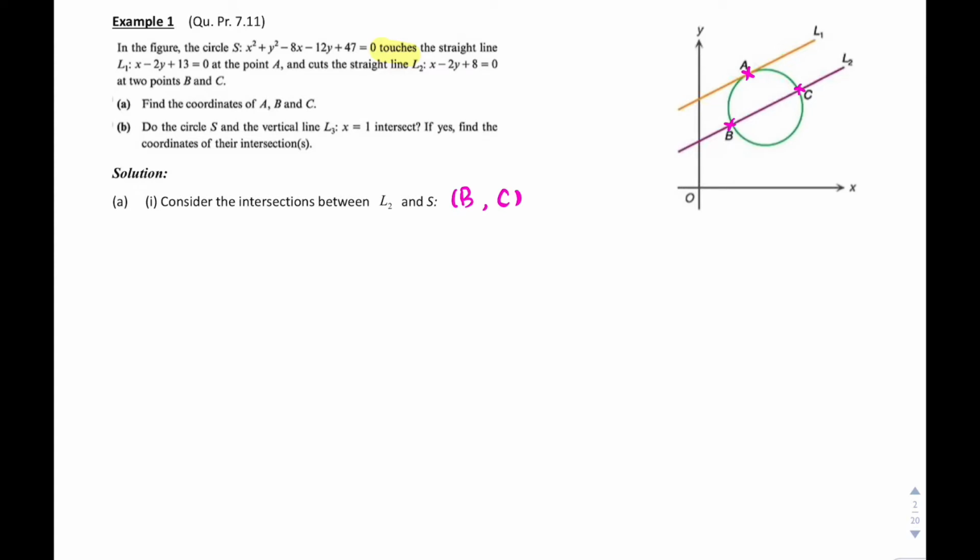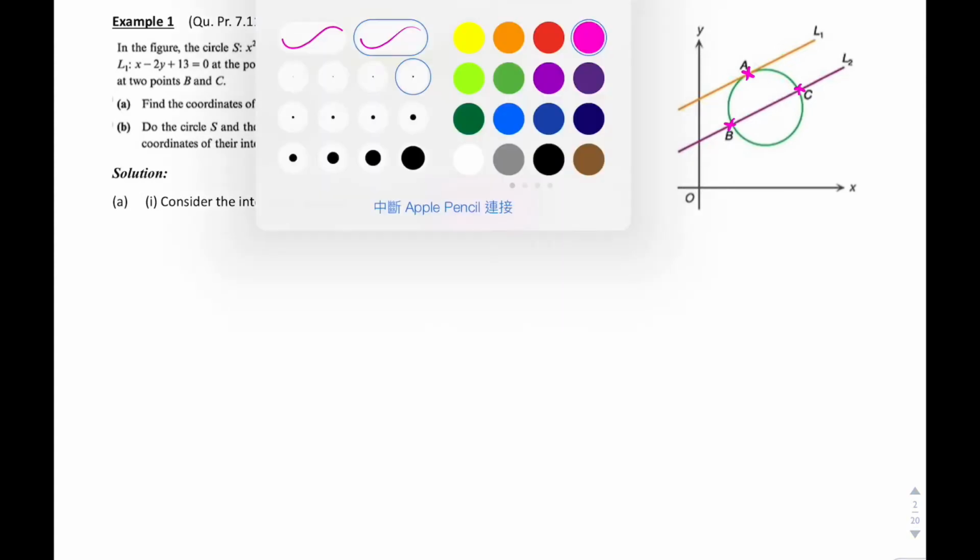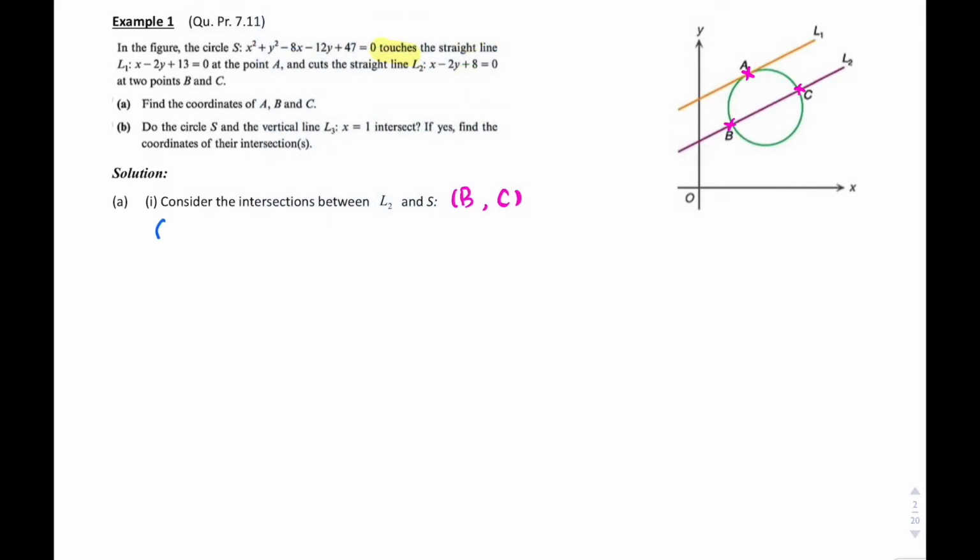Here, we try to solve the equations. So we just write down the equation of L2 and the equation of the circle S.